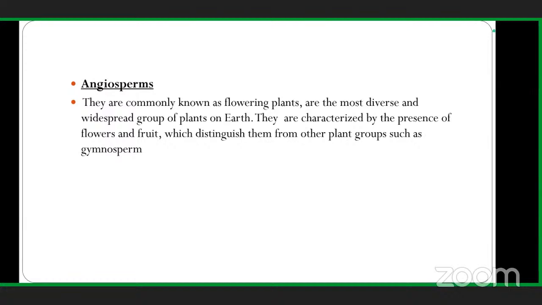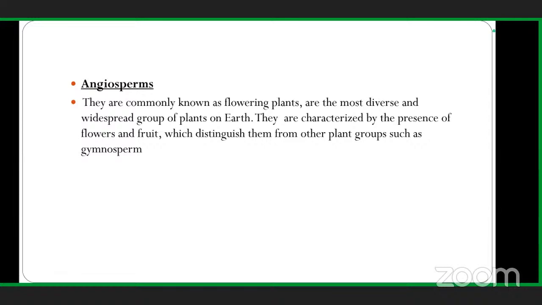So what are angiosperms? They are commonly known as flowering plants. These are the most advanced class of the kingdom Plantae. They are the most diverse and widespread group of plants on earth, meaning you will find angiosperms all over the world.